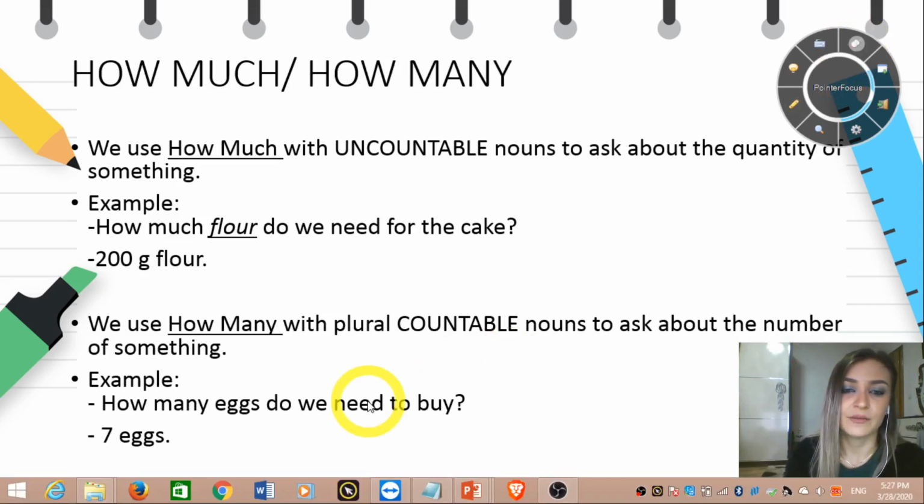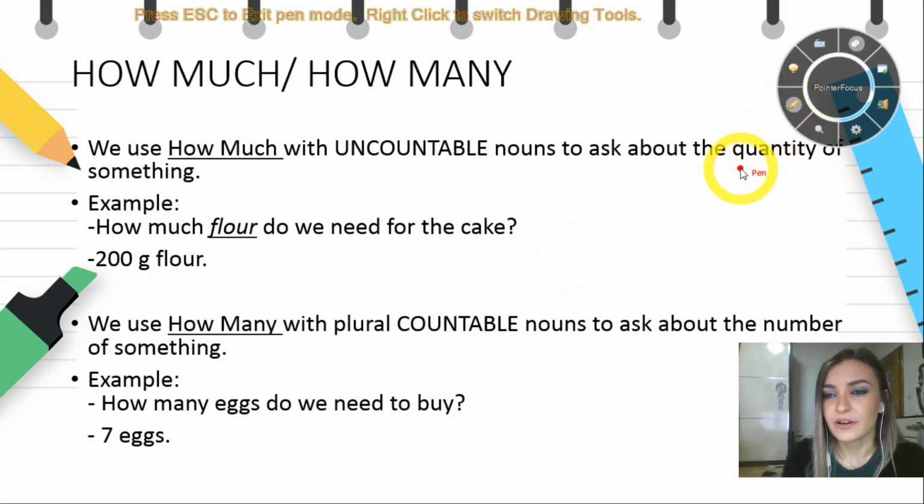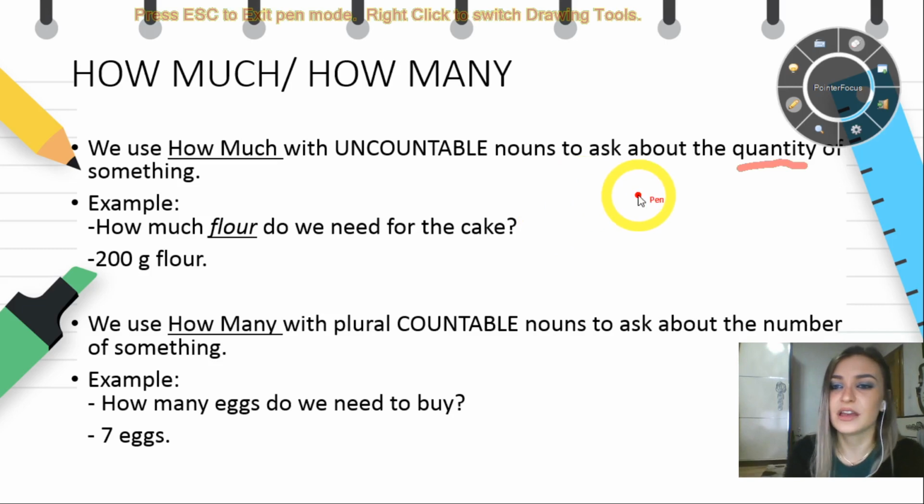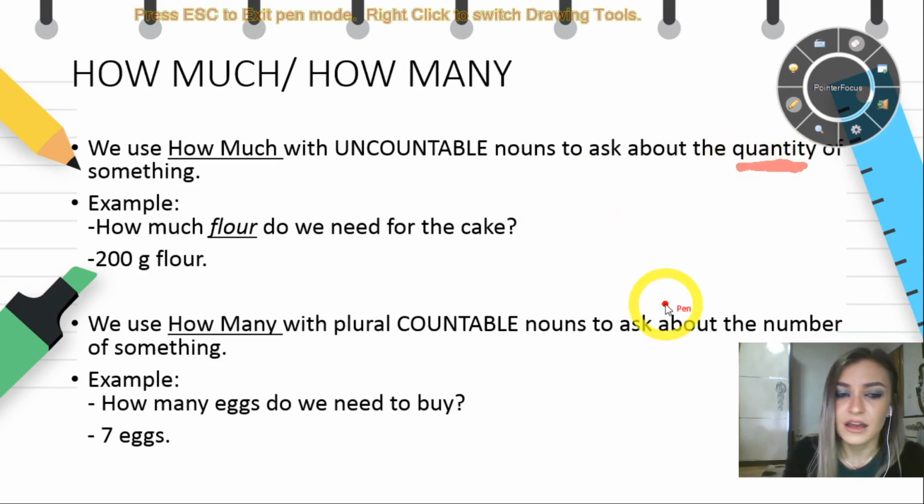Whereas how many, we use with plural countable nouns to ask about the number of something. So, pay attention here. Here we have quantity, how much. We want to know how much for uncountable nouns, for things that we cannot count. So we are interested in the quantity. Whereas for how many with countable nouns, we are interested in the number of something.